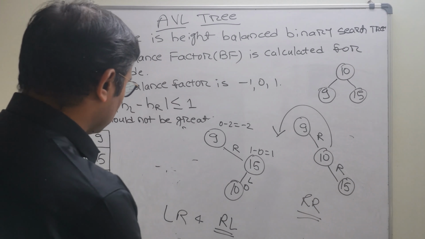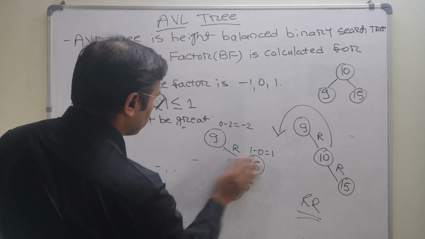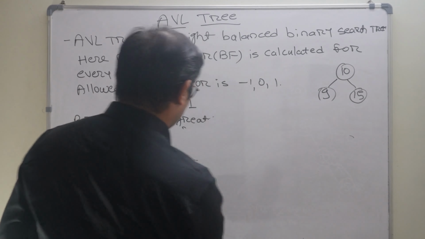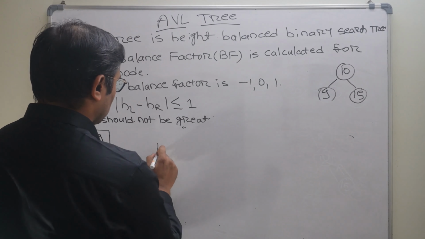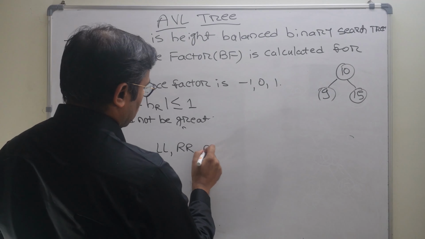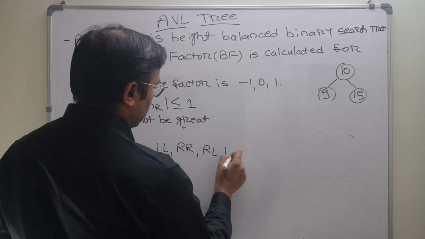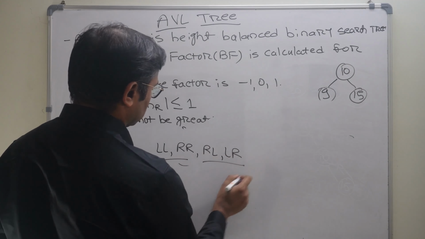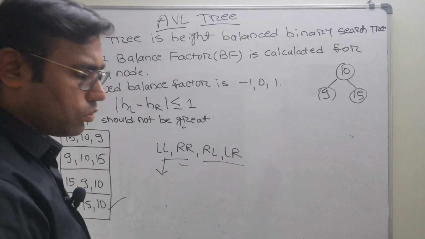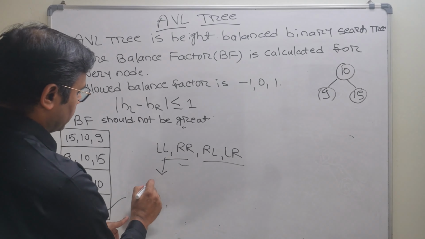So we have gone through 4 types of rotation. Which are those? The rotations are LL, RR, RL and LR. In case of LL rotation, we have to move the root node to the right.